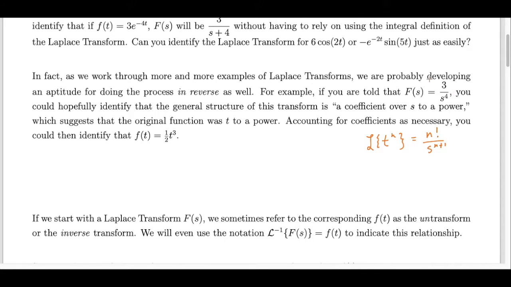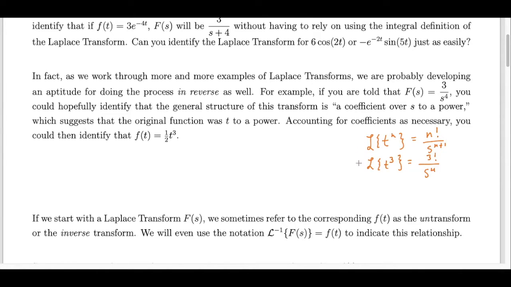And so this transform has the basic structure of this here. Specifically, it looks like I've got s to the fourth in the denominator. So let me take the transform of, in order to get s to the fourth, I would need the power on t to be 3. And if the power on t is 3, then my numerator is 3 factorial.